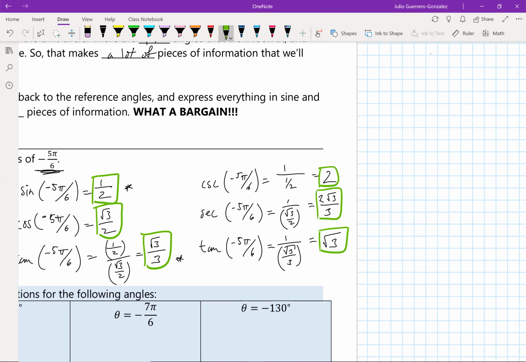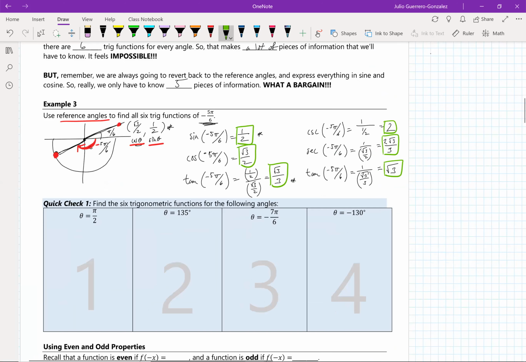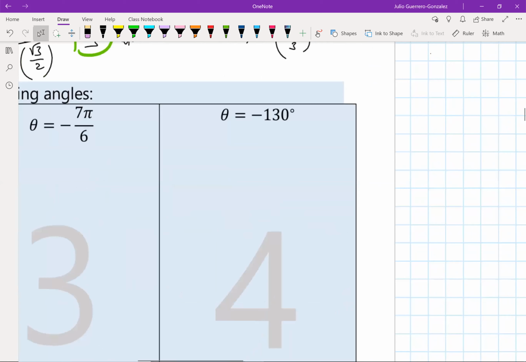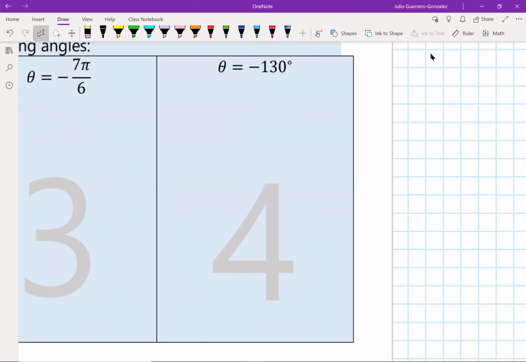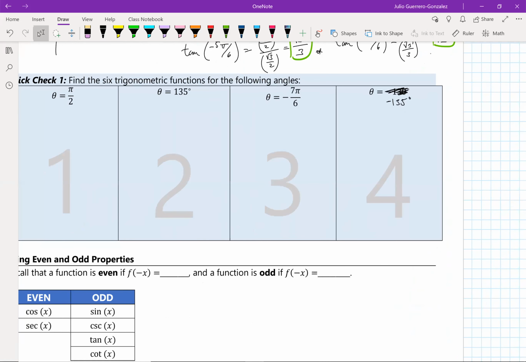Okay, so I want you guys to practice with this a little bit. I'm giving you a couple values here, okay? There is one change here. For this one, I didn't mean to put 130, negative 135 degrees. Okay? So if you have your unit circle at the ready, you're going to be using this a lot.